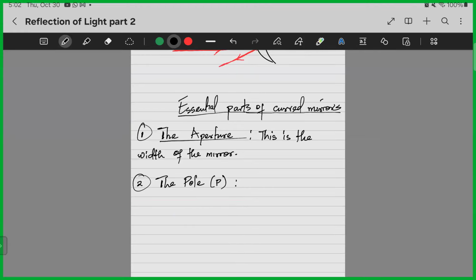And the pole is the center of the reflecting surface of the curved mirror. Keep that in mind.